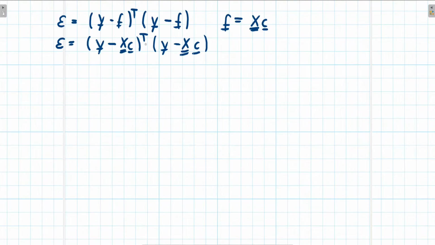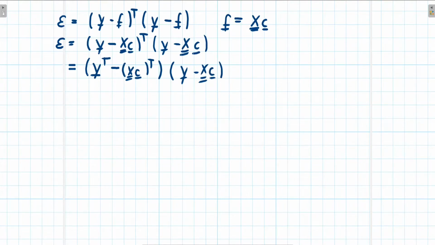So the next thing we would have to do is multiply these two terms out. But first we have to transpose the first term. And the way we do that is we can just bring the transpose in. So that would be y transpose minus X C transpose times y minus X C.